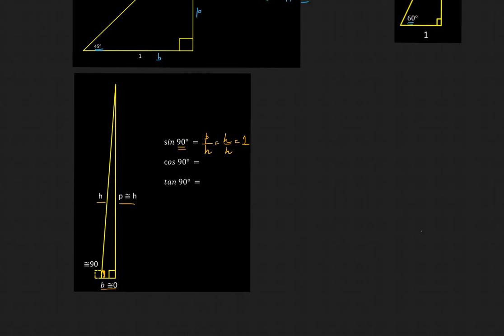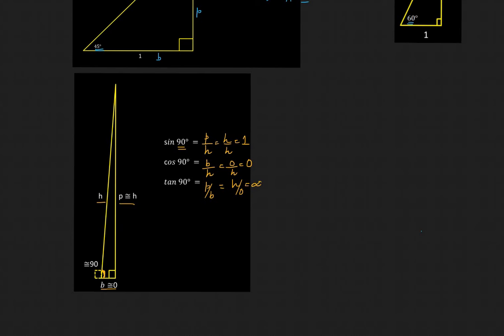Cos 90 is base by hypotenuse, so that is 0 by h, that is 0. And tan 90 is perpendicular by base, that would be h by 0, and that would be close to infinity.